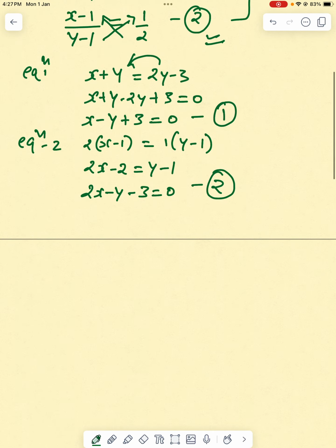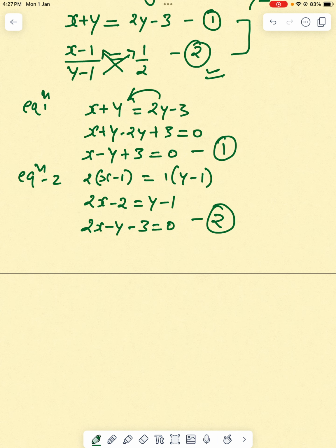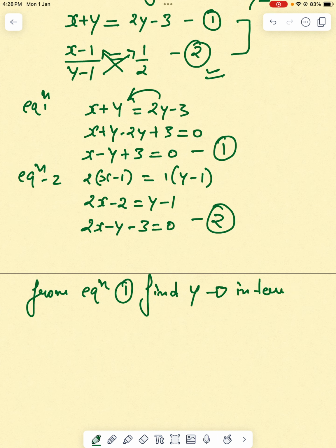Now from equation number 1, find the value of y. I will write the value of y in terms of x, then substitute it in equation number 2.